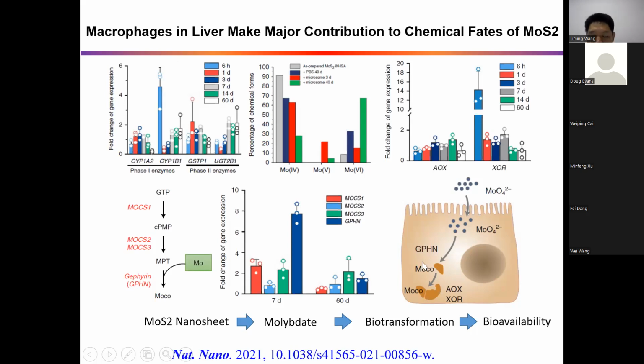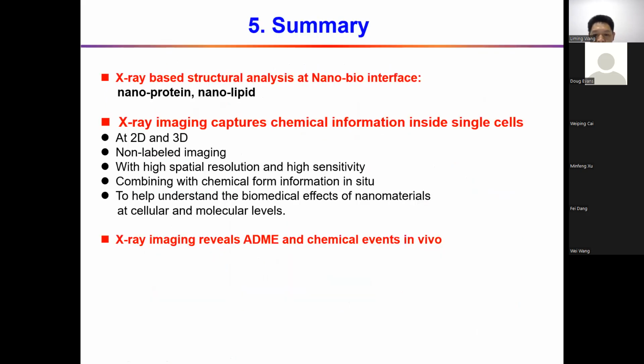This is one new way for the degradation and transformation of nanomaterials. It's a new way for the phase change of nanomaterials. They can become a part of the molecules after the degradation and transformation. So for this work, we'll go to the summary.